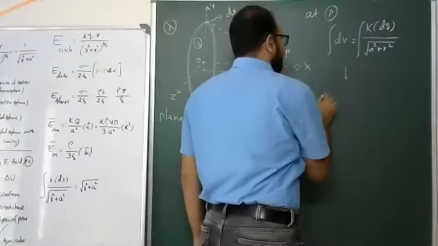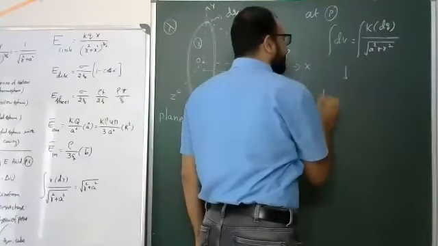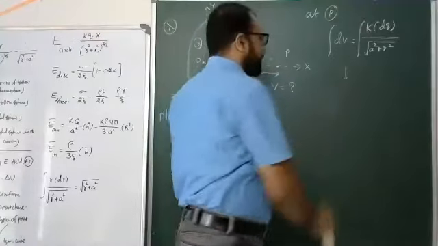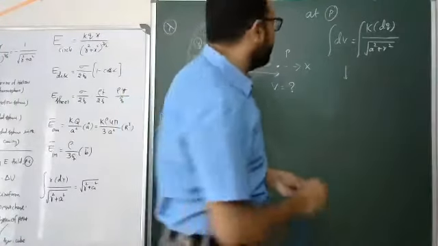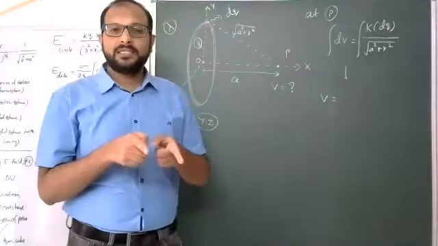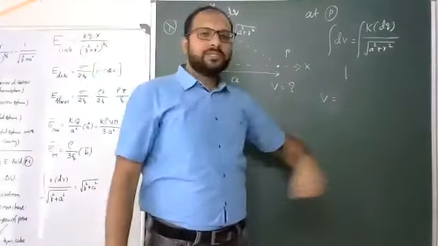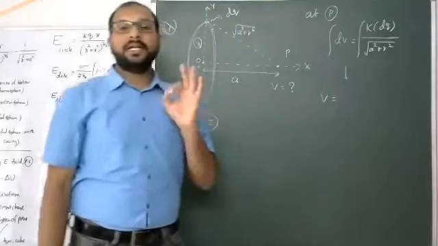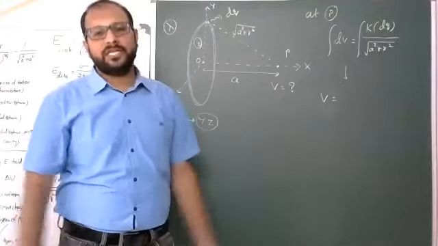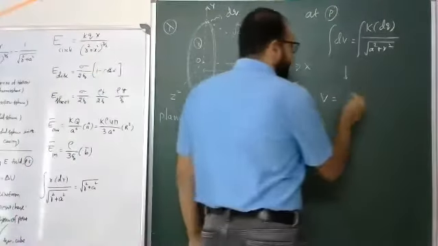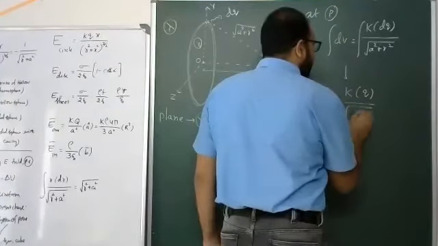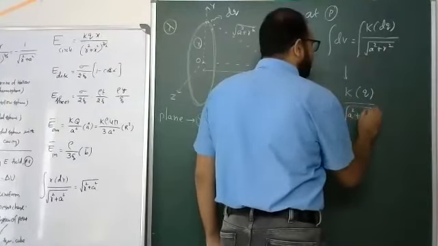So students, here integration of dV is nothing but the net potential V. So net potential V equal to k, a constant; root over a square plus r square is also constant, need not integrate. That is very simple integration. Integral dq equal to net charge. So therefore kq divided by root over a square plus r square.